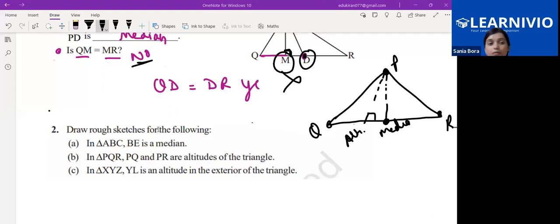Sorry, Rita, I didn't get your point. The second one, what? In triangle PQR, PQ and PR are the altitudes of the triangle. Ma'am, but I don't understand.